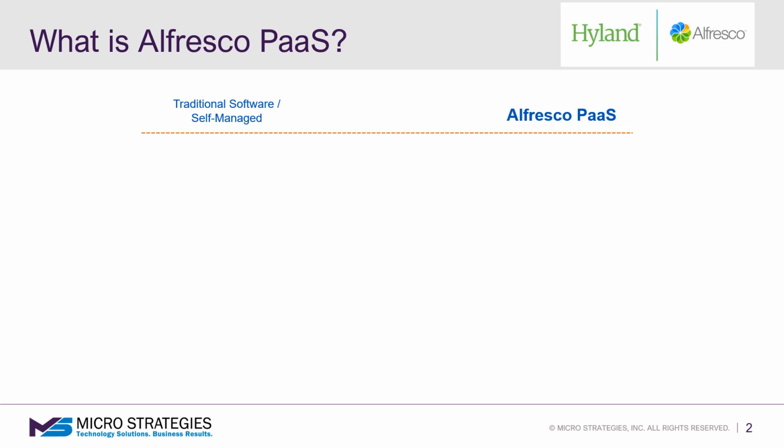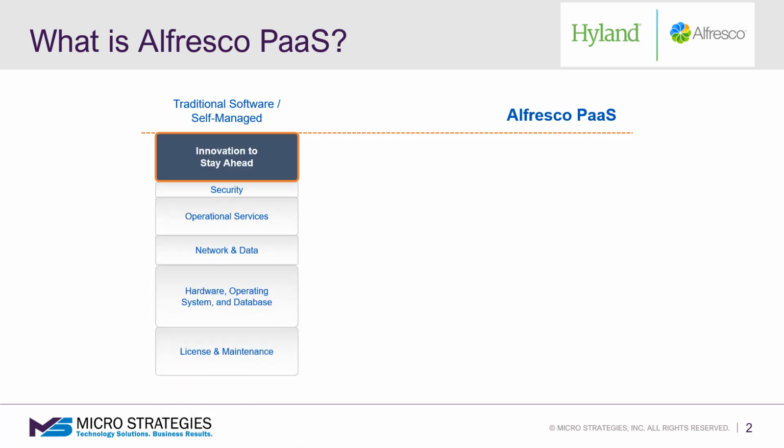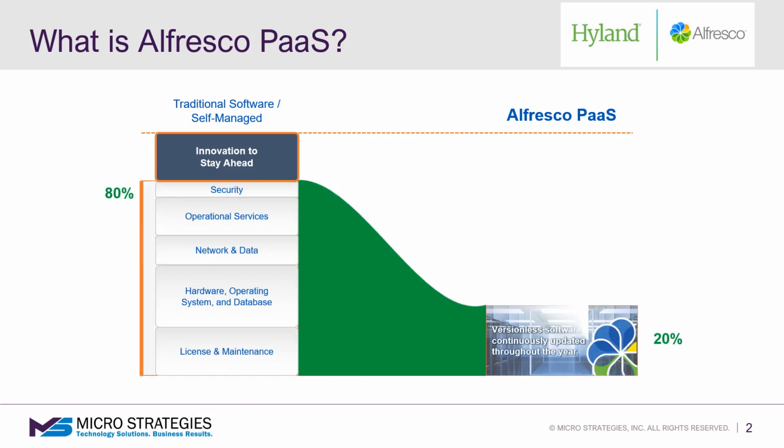Well, as you think about your traditional software self-managed world, 80% of your time is spent on the infrastructure side of the equation, your security, operating, maintenance, and those exciting upgrades. And only 20% is spent on innovation, providing your users with the best solution possible.